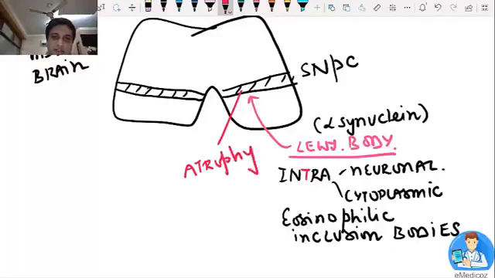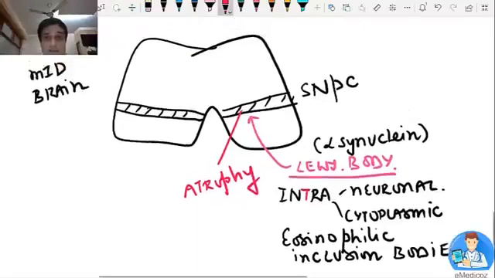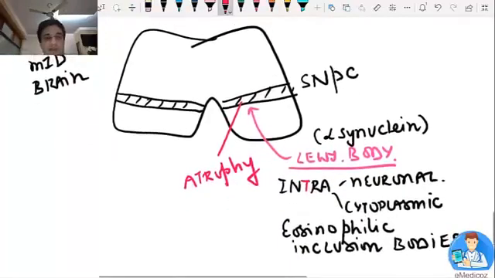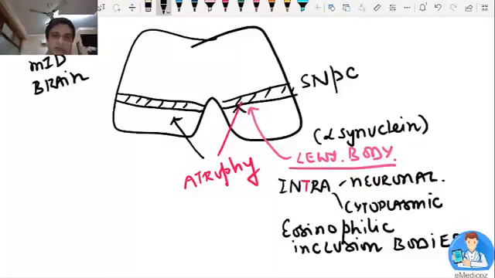What does SNPC stand for? Substantia nigra pars compacta. Someone is asking me this: SNPC, substantia nigra pars compacta. Now, if there is neurodegeneration at that point, what do you find? Either side's degeneration can happen. So what will we find?